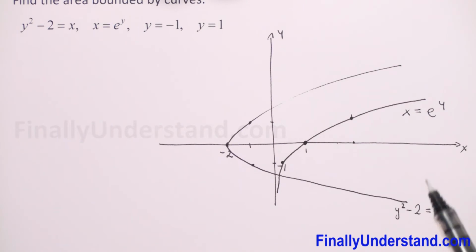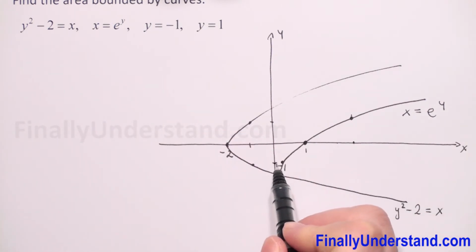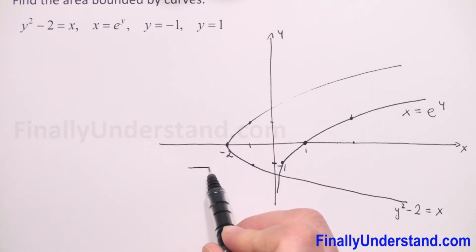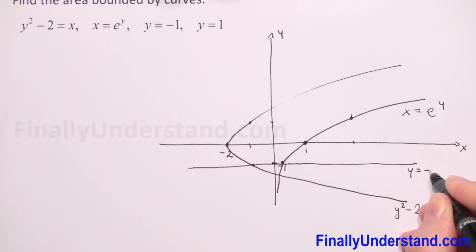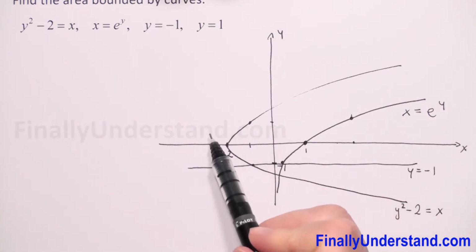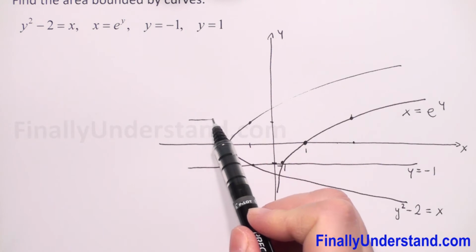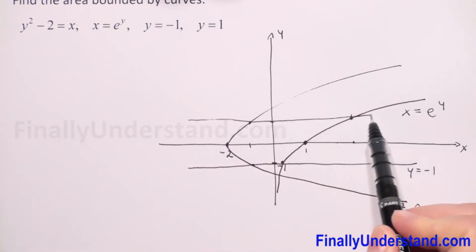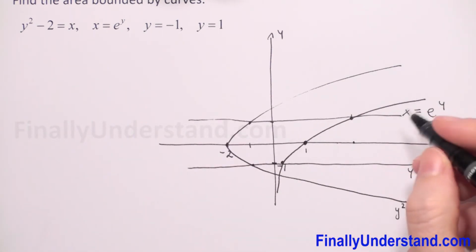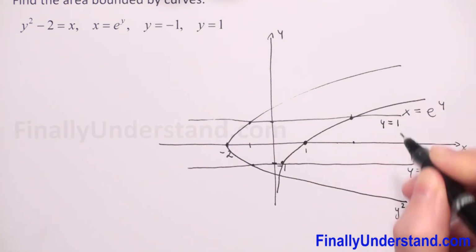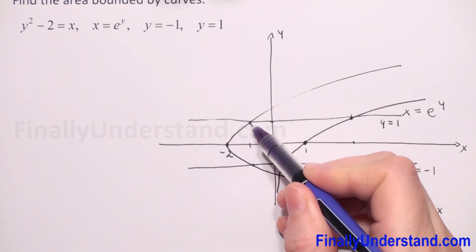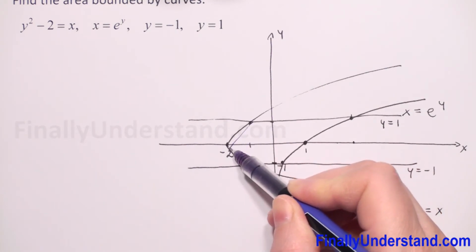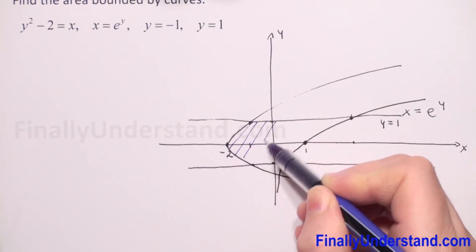And now we have y equals negative 1, and we have y equals 1. This line is parallel to the x-axis. We got now the area. This is our area, which we have to calculate.